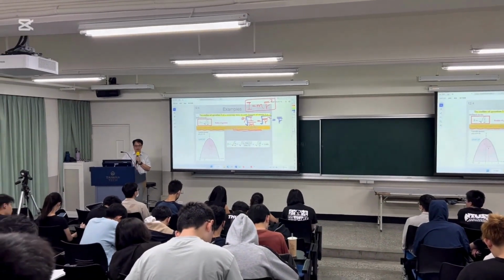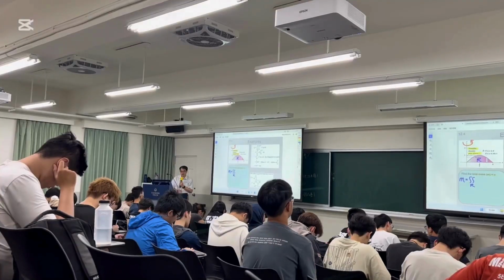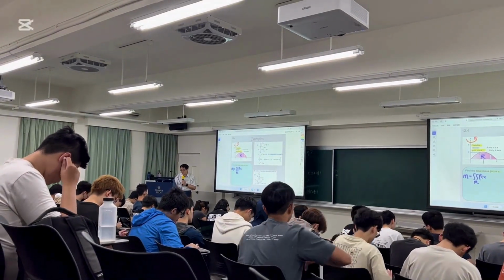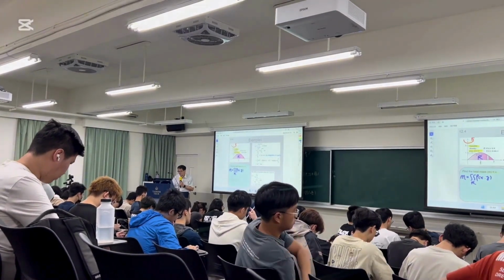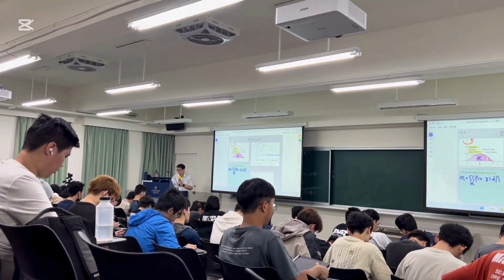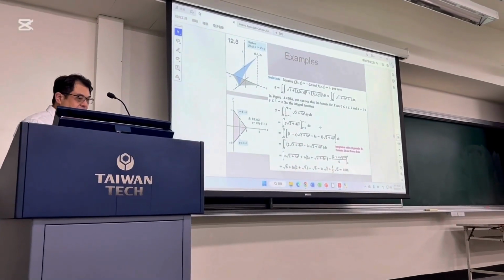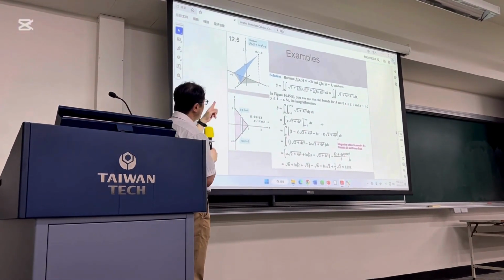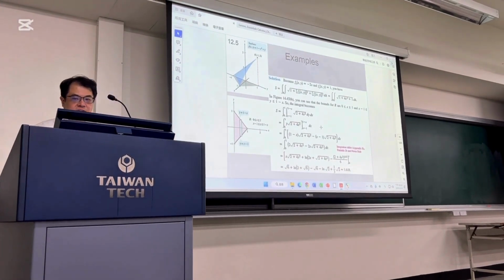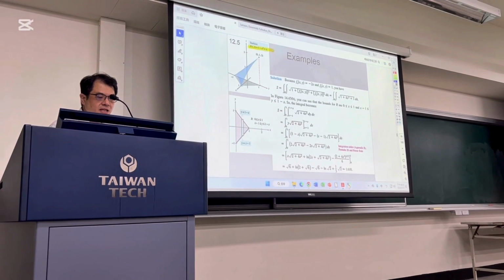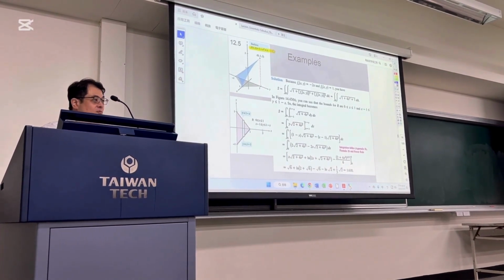Okay? So the r squared usually is r squared times the density function dA. Okay, this is what we know, variance. Okay, for this function, the function is defined to be z equals 1 minus x squared plus y squared.